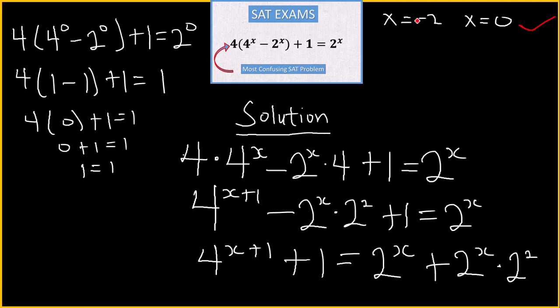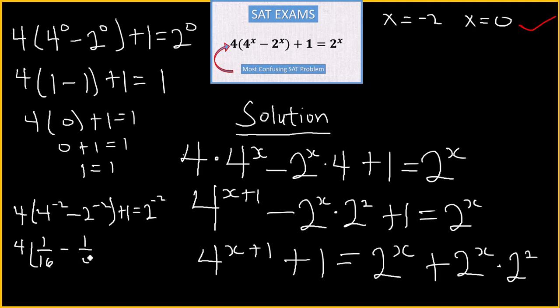Let's check for the second one, which is 4 by 4 raised to the power negative 2, minus 2 raised to the power negative 2, plus 1 equals 2 raised to the power negative 2. 4 by 4 raised to the power negative 2 is 1 on 16, minus 2 raised to the power negative 2 is 1 on 4, plus 1 equals 2 raised to the power negative 2.